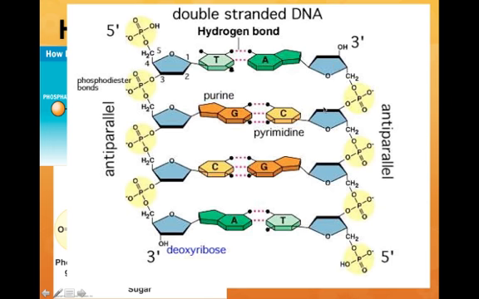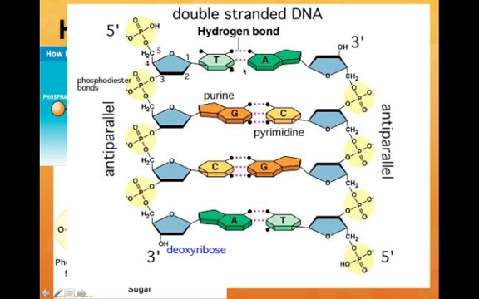So it's parallel, but going in the other direction. In order for the nitrogenous bases to bond to one another, the sugar arrangement on the other strand needs to be different. This is the nature of double-stranded DNA: the sugars face this direction on this strand and the opposite direction on the other strand.